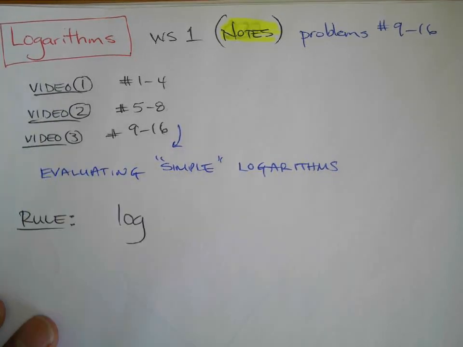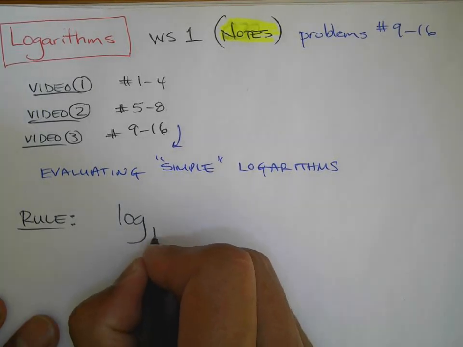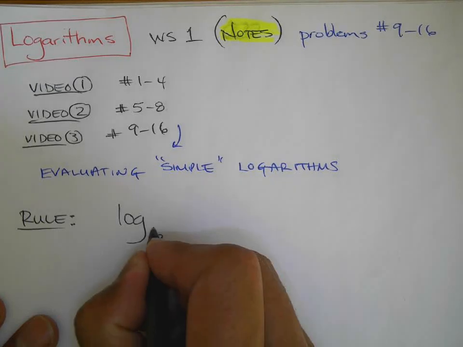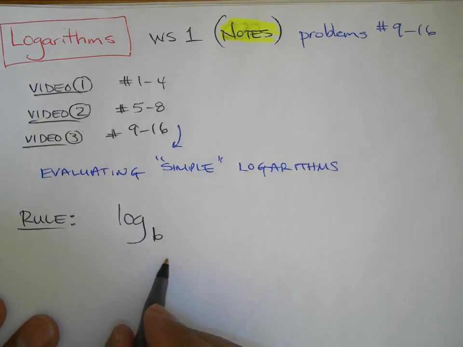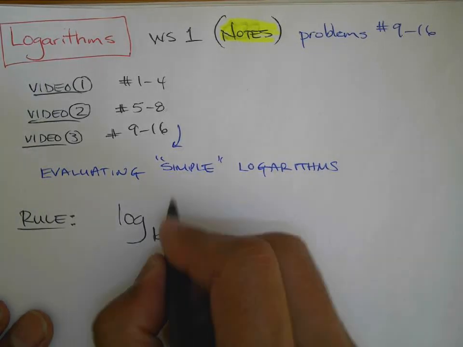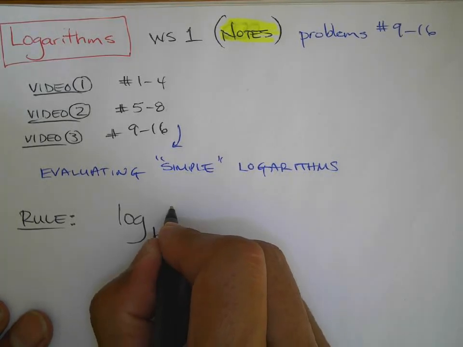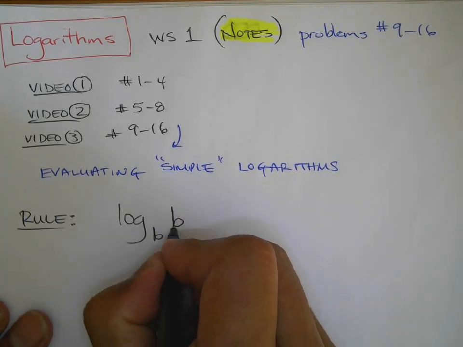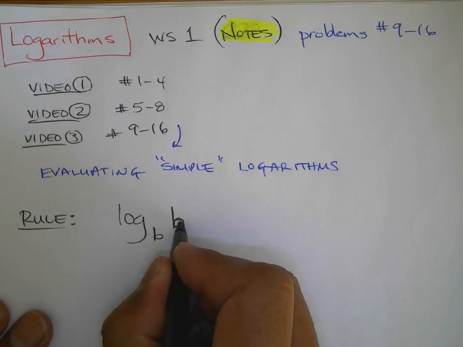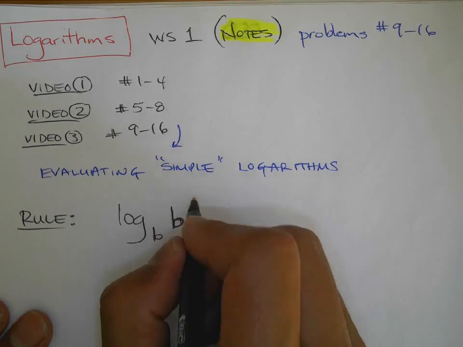You're going to have a logarithm, and I'm going to put b here, just the letter b, which obviously stands for base. But if you have a logarithm where the base and this number here also are the same, I'm going to also put a letter b here, because if it's the same value, I'll write the same letter.